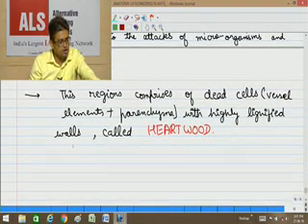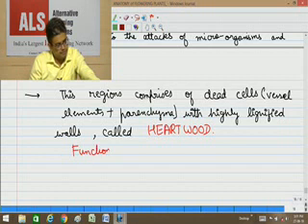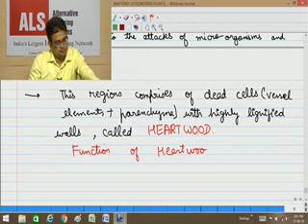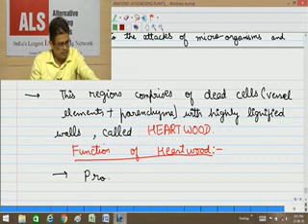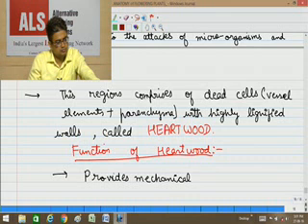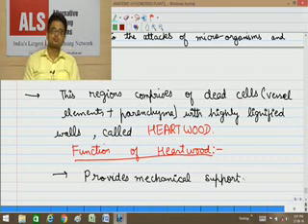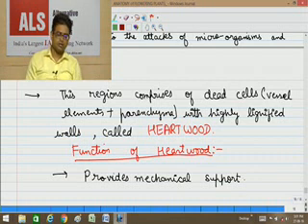What is the function of heartwood? It only provides mechanical support to the stem.